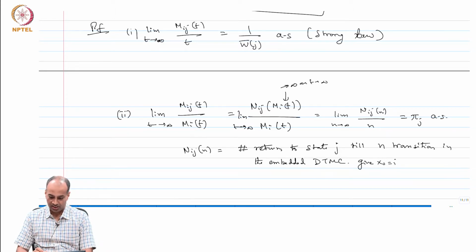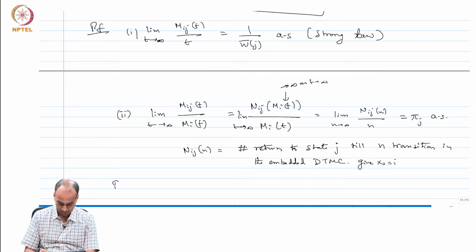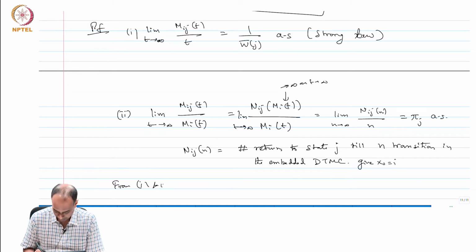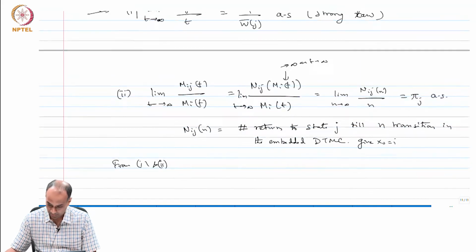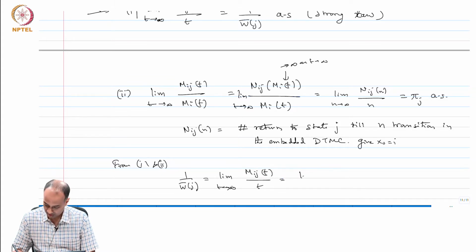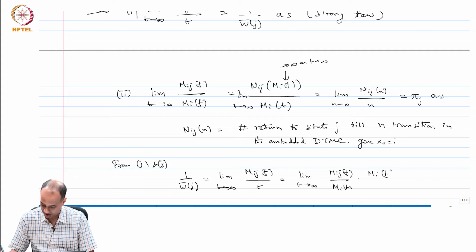If you put these two together, what do we get? From 1 and 2, I can get 1 over w bar of j is equal to the limit as t tends to infinity of mij of t over t, which is simply the limit of mij of t over mi of t times mi of t over t.